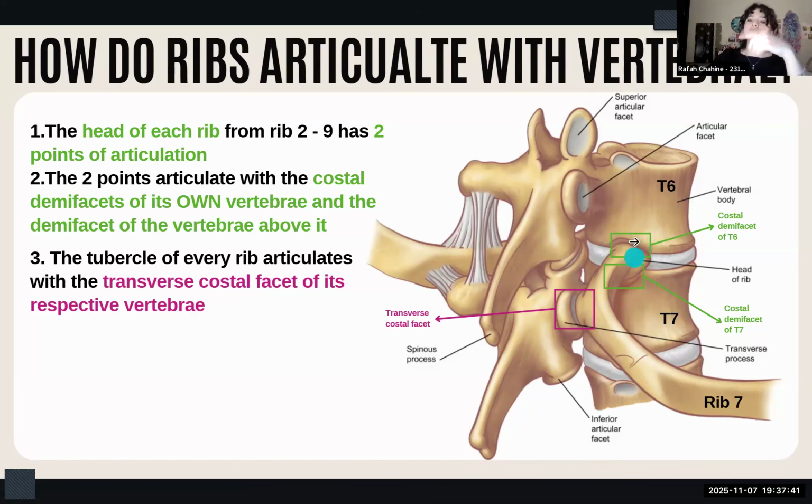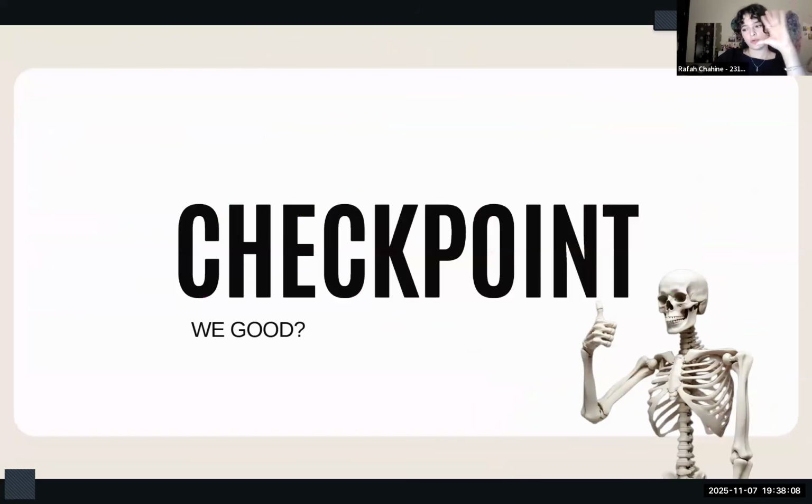It's going to articulate with the inferior costal demifacet on T6. And the second articulating facet on rib number 7, the one at the bottom, is going to articulate with the superior demifacet of T7. Is this attachment clear? Awesome stuff. So, are we good to move on?